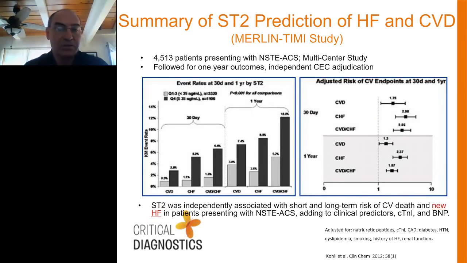Now, of course, heart failure is a very complex syndrome. Most of what I've talked about is focusing on later stage heart failure, stage C and D heart failure patients. So these are patients with clearly diagnosed, active heart failure that's being treated.